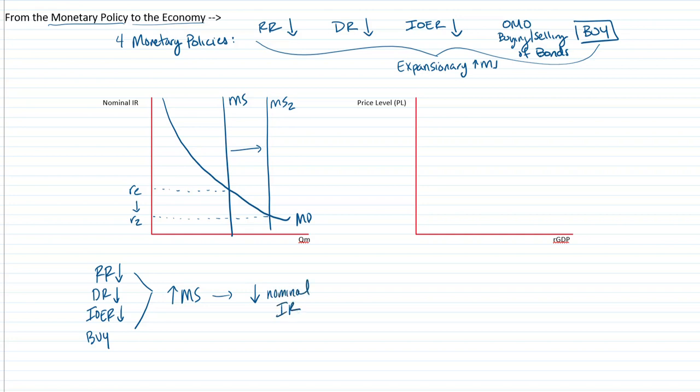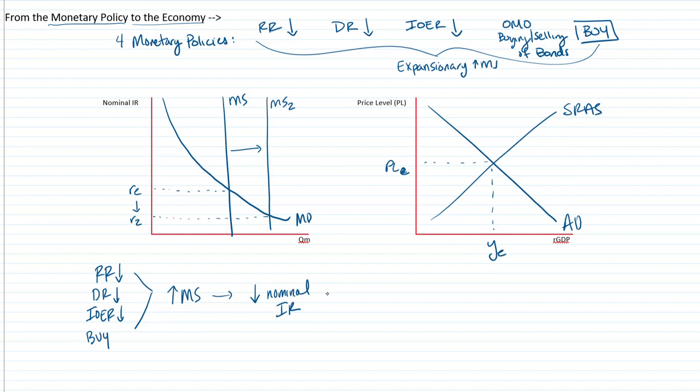And then, of course, we need to be able to carry the information on this graph and the changes to the money supply and the interest rate into our AD-AS model. So in this case, we have a downward sloping aggregate demand and an upward sloping SRAS with an economy operating at PLE and YE.